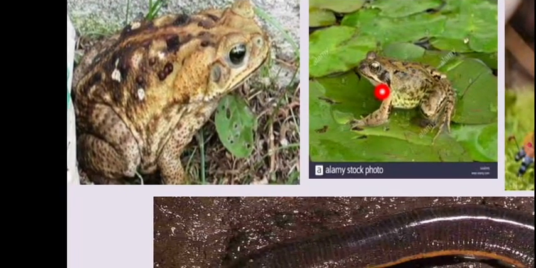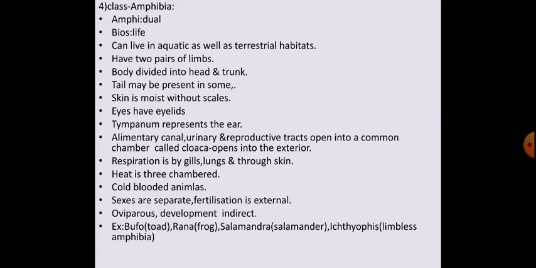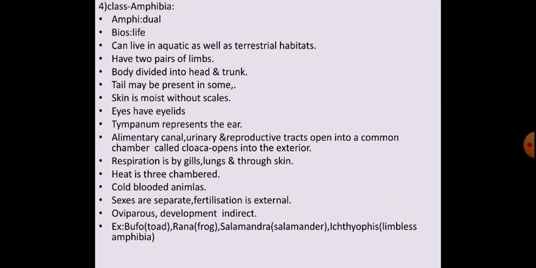This is one pair and this is another pair. They will be having four limbs, two pairs of limbs. The first pair is the forelimb and the second pair is the hind limb.